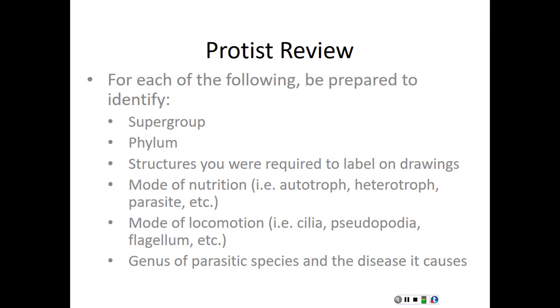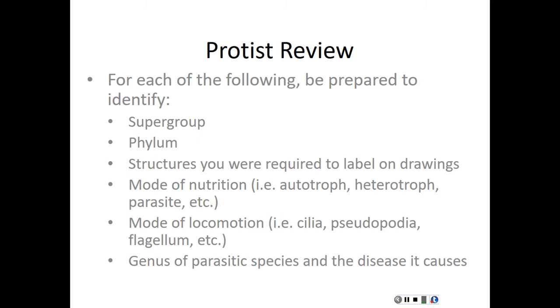Okay, so now let's talk about protists, Lab 8. This is kind of a big lab. This is a really big lab. We had several different organisms we looked at, representing the different supergroups, and usually more than one phylum within that supergroup.